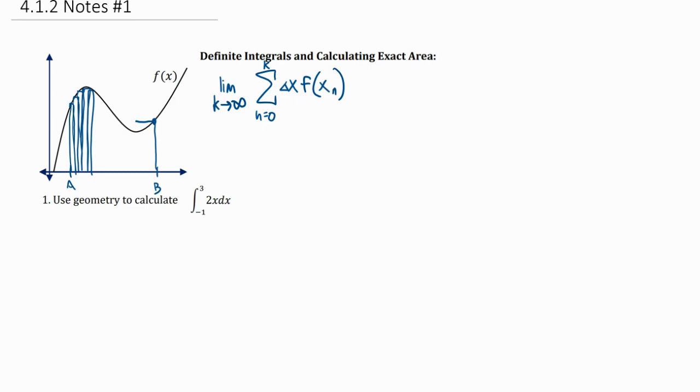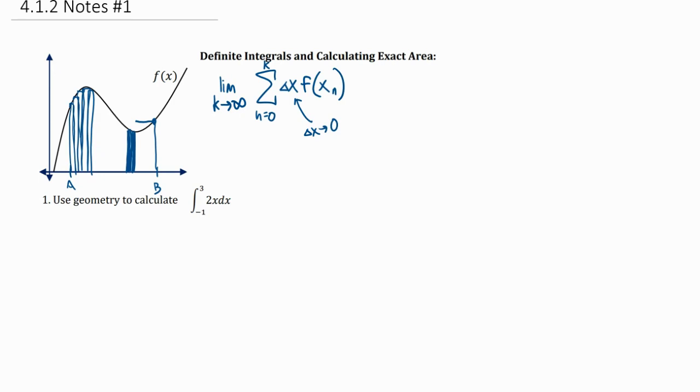Okay, so we want an infinite number of these rectangles. And then, if we have an infinite number, the width of each rectangle is very, very close to 0. So the width is really close to 0, but we're going to be so much closer to the actual area because we have so many rectangles. So our delta x is going to approach 0. So we have k approaching infinity, and then we have delta x approaching 0.